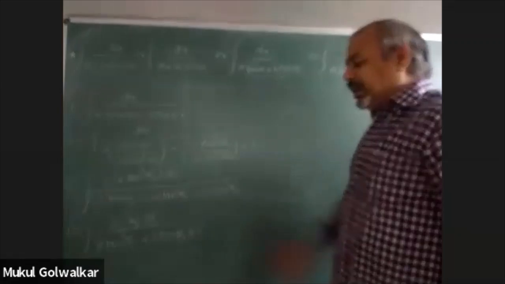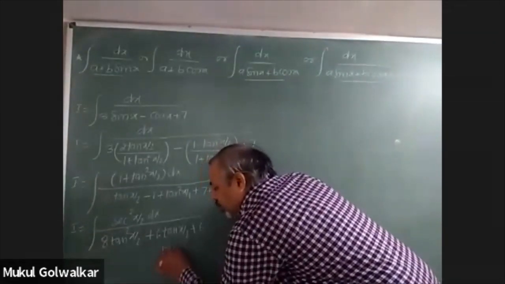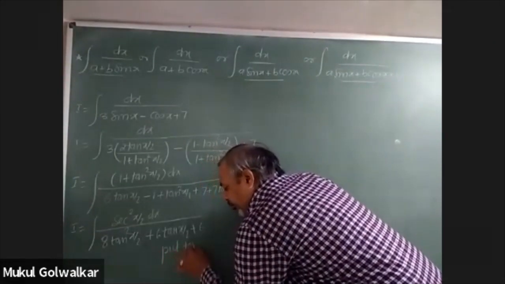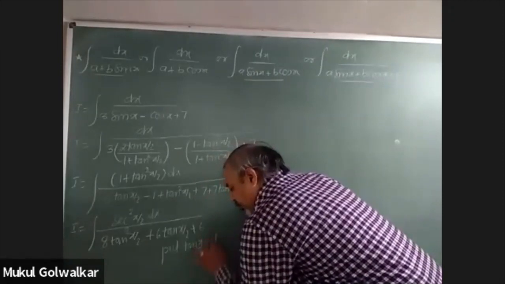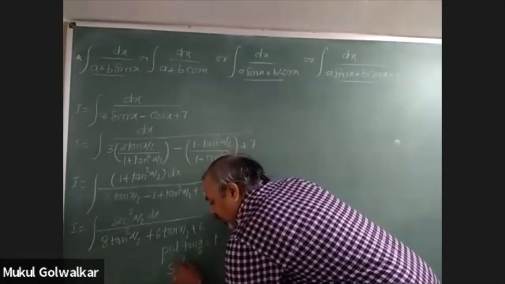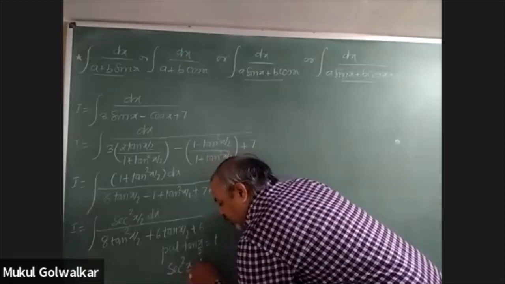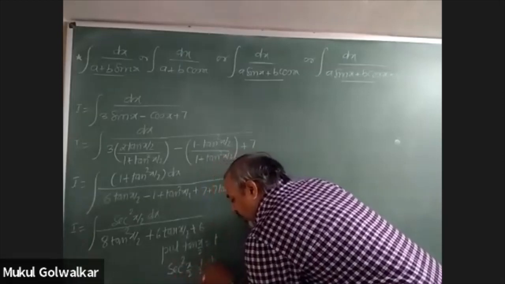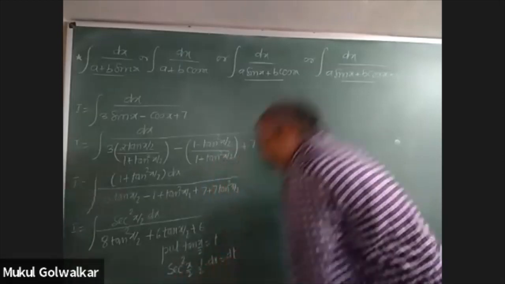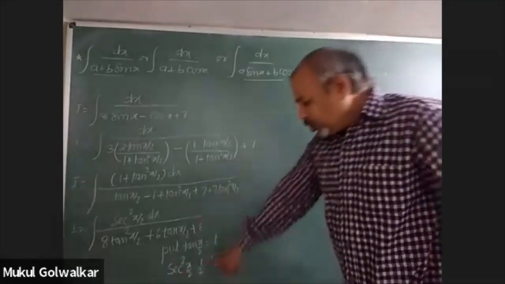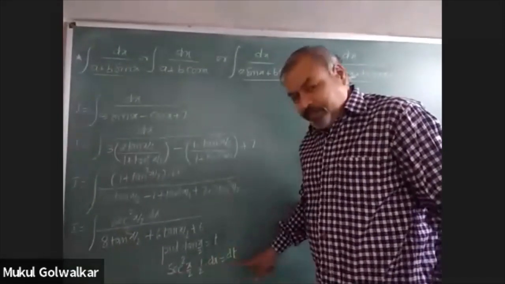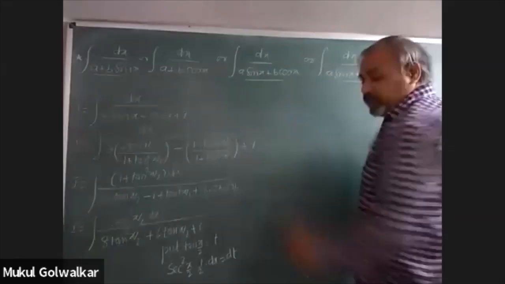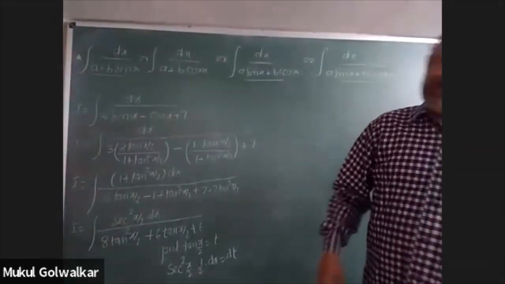Okay, and then as usual we write tan x by 2 is equal to t, so that will give after differentiation sec square x by 2 into 1 by 2 dx is equal to dt. Correct? Atharv, you don't have any difficulty to understand this line? Yes, sir. Okay, so after this we shall be solving it further.